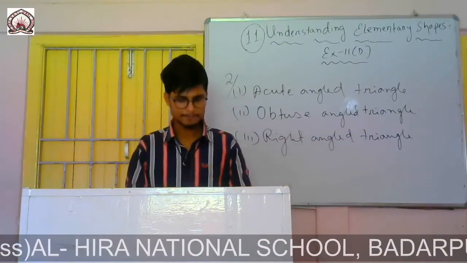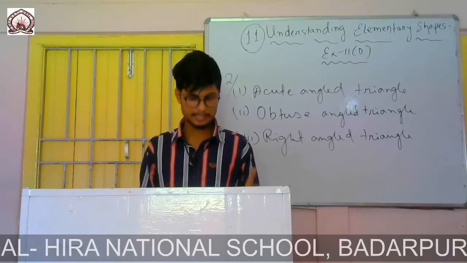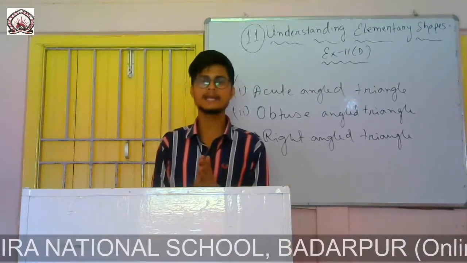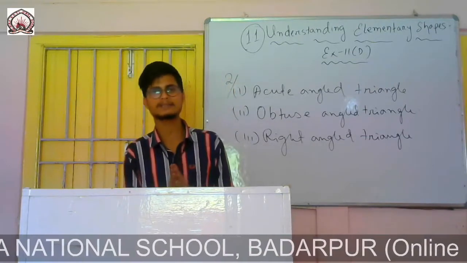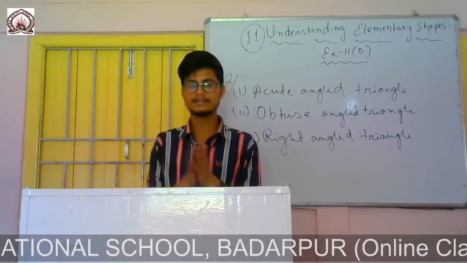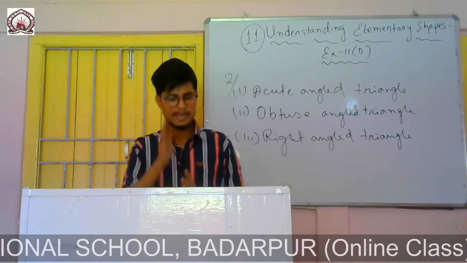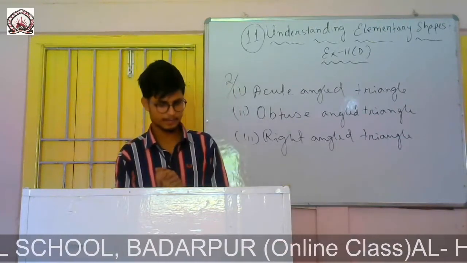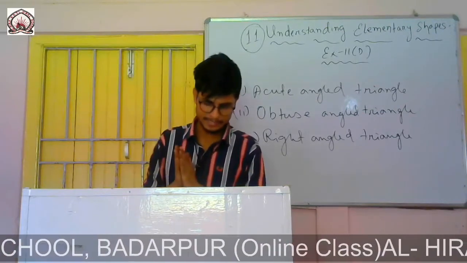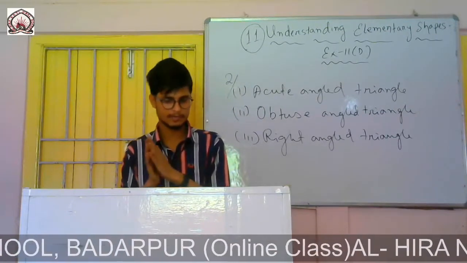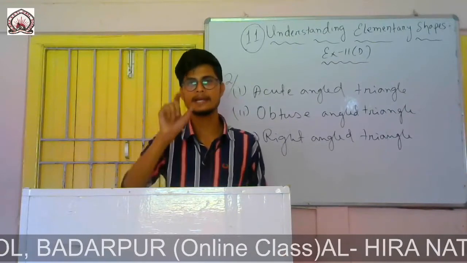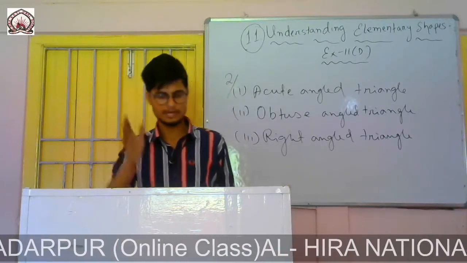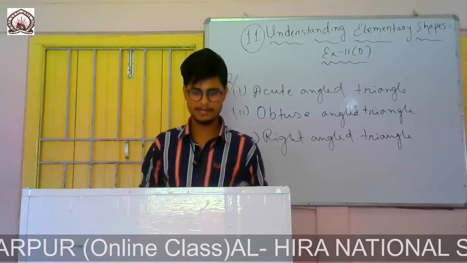Roman number 5: one angle is 60 degrees, another 70, and the third 50. All three angles are less than 90 degrees, so it is an acute angled triangle. The last one, Roman number 6: one angle is 90 degrees, another 52, and the third 38 degrees. One angle is 90 degrees, so it is a right angled triangle.